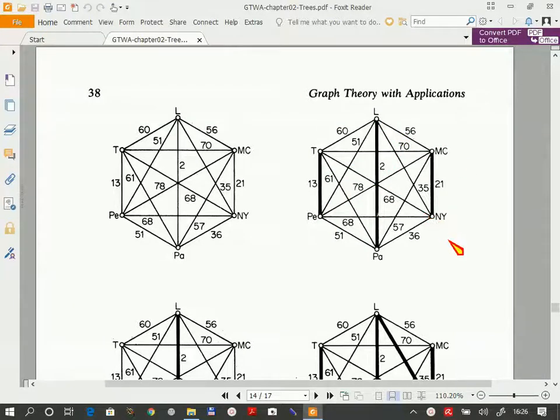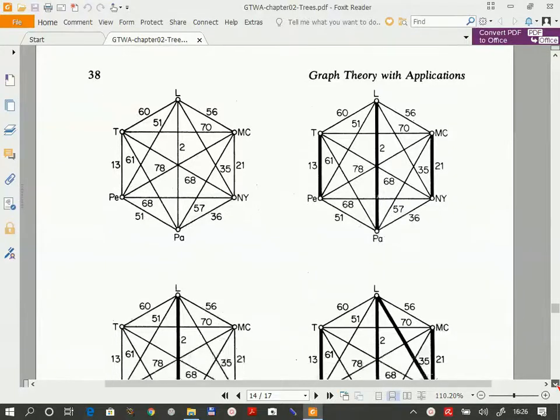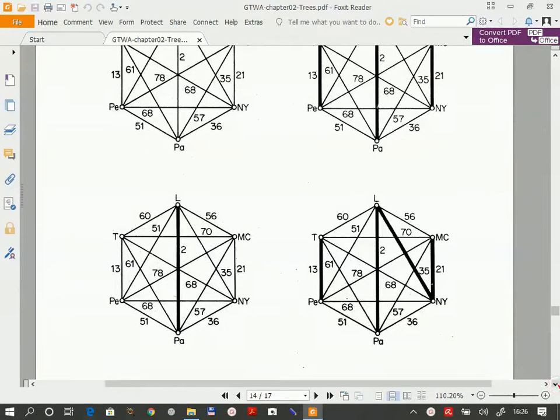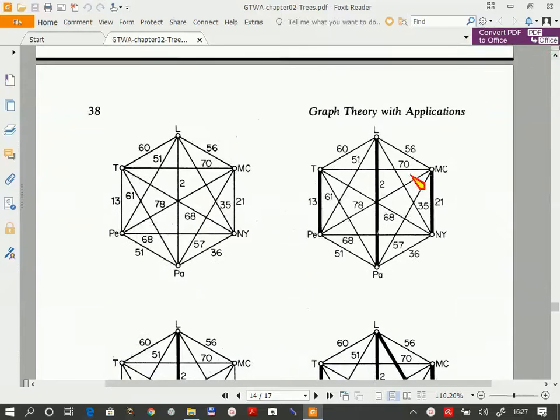Now I have to choose an E4, and I look and look, and there is this with weight 35, which is again the least possible weight among the ones of the edges not yet taken. Okay, so I take it.